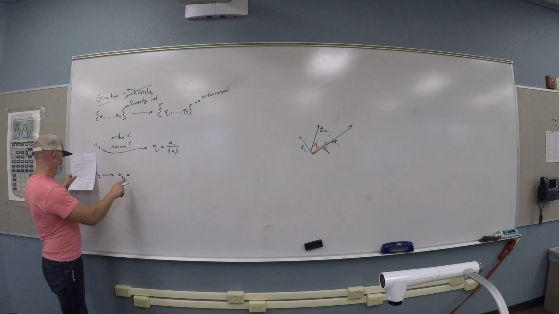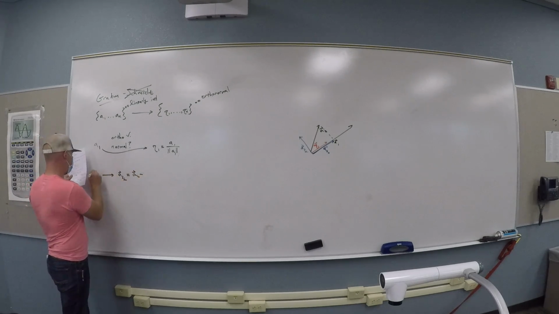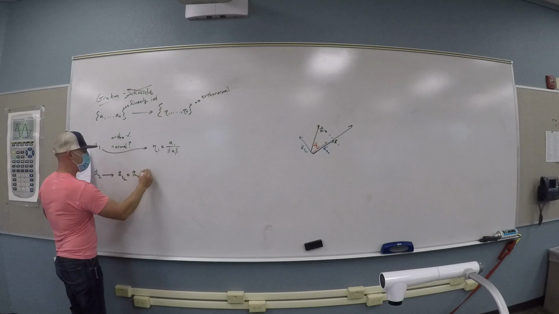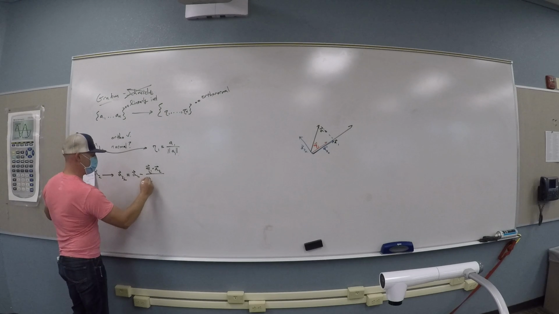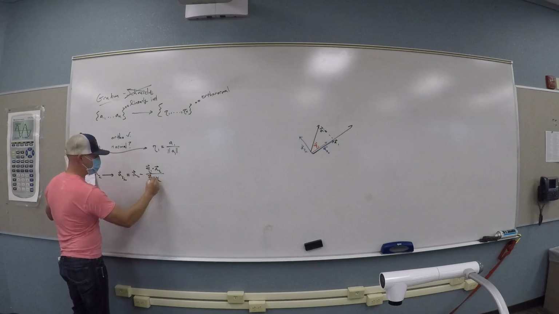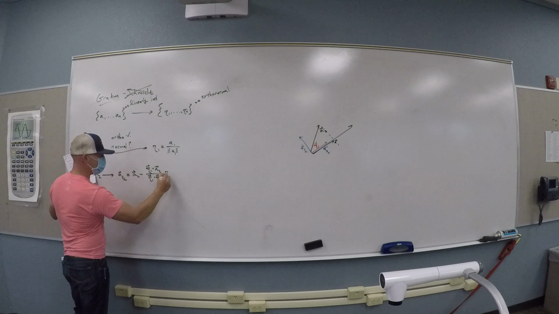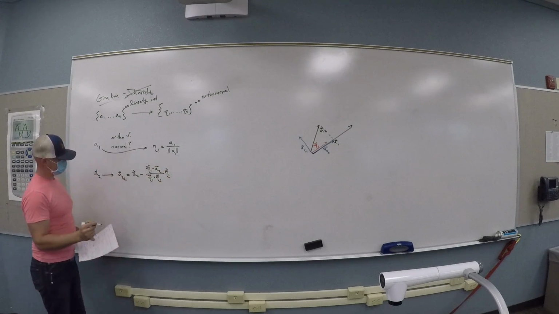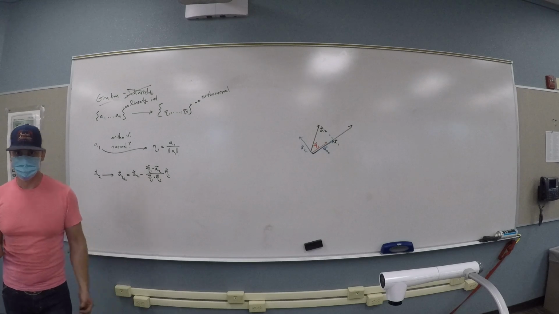So a2 perpendicular is going to be a2 minus q1 dotted with a2 divided by q1 dotted with q1 times q1. You guys with me?